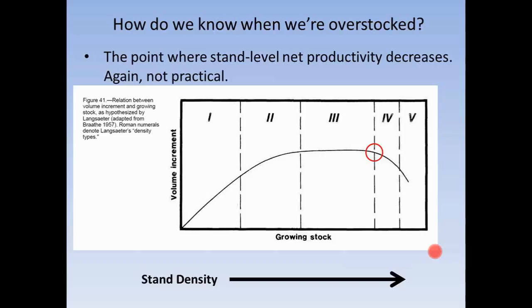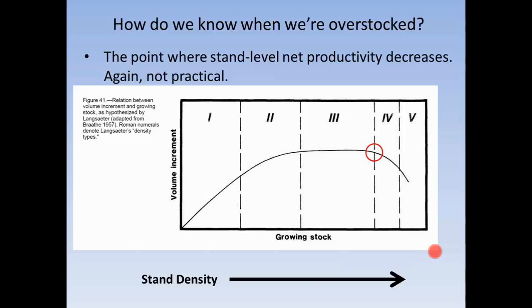And I bring this up because, and I'm not going to go into a lot of detail about this, Curtis did some really neat work showing that many measures of density basically are going back to the same thing, and that is how much space are trees taking up? What's the minimum or maximum amount of space that trees can take up in a forest and either reach that level of full productivity or start dying once you reach that minimum amount of space each tree is allotted within the forest.